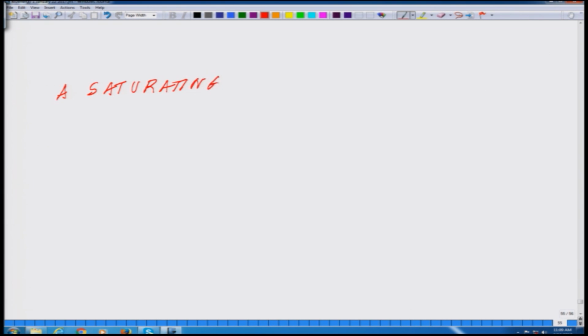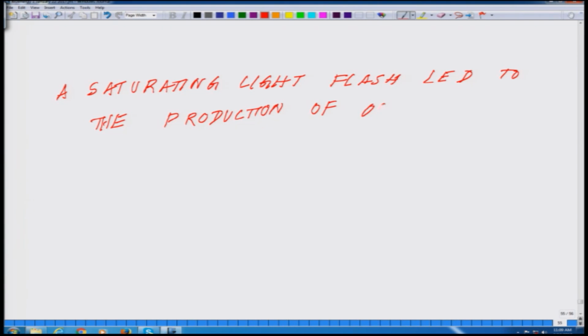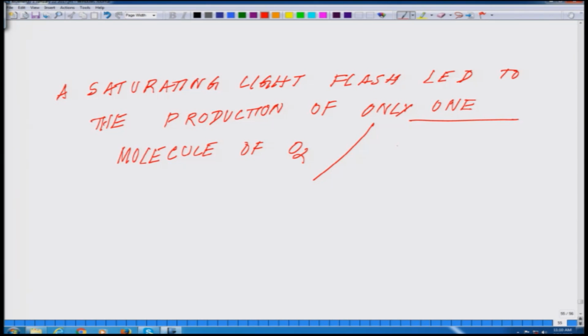A saturating light flash led to the production of only one molecule of oxygen per 2500 chlorophyll molecules.